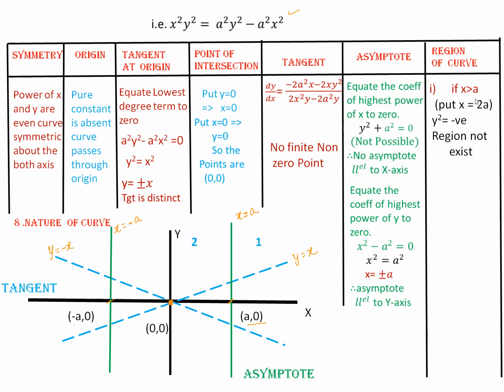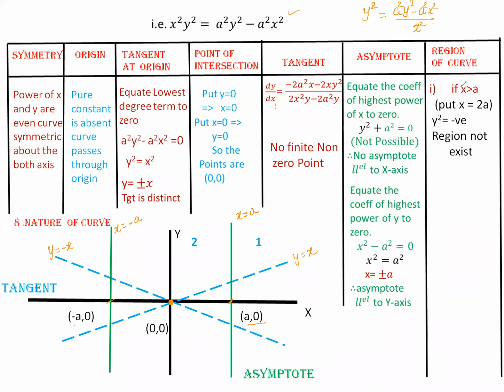Now first, if x is greater than a, put that in the given equation, then y square becomes negative. Look at this equation: y square equals a square y square minus a square x square divided by x square.